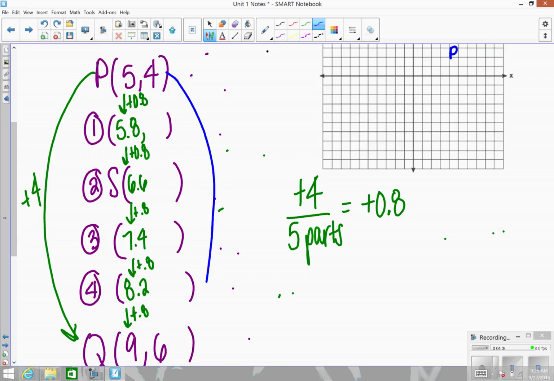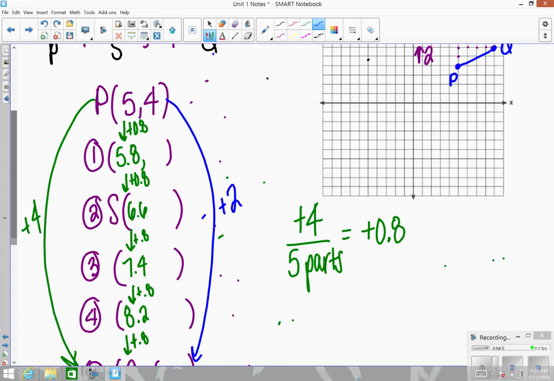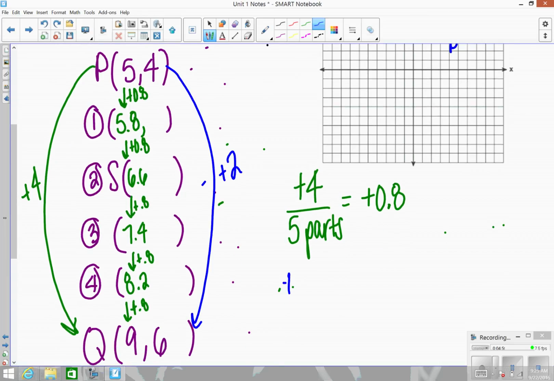Then I go to the next one, the y values from 4 to 6. That's going to be plus 2. Again, if you're not sure how to get that, you can look on a graph. What's the vertical change? If I'm starting at point P, because it's a directed line segment, from P to Q, I had to go up 2, so that's why it's a plus 2. If you had to go down 2, then it would have been minus 2. I have to divide that by the 5 parts because there's 5 equal parts.